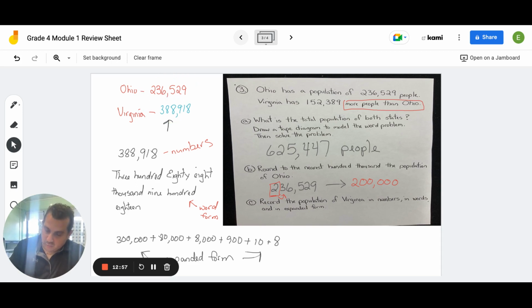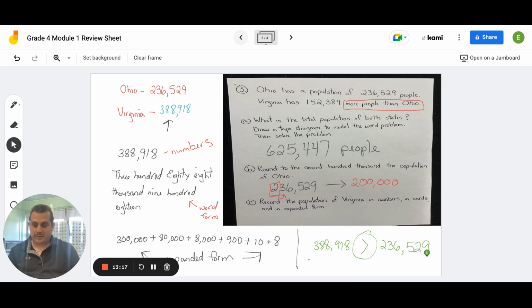So on your review sheet, I'll do it over here in the bottom right, in green, 388,918 is greater than 236,529. Okay, this is comparing the population of both states.